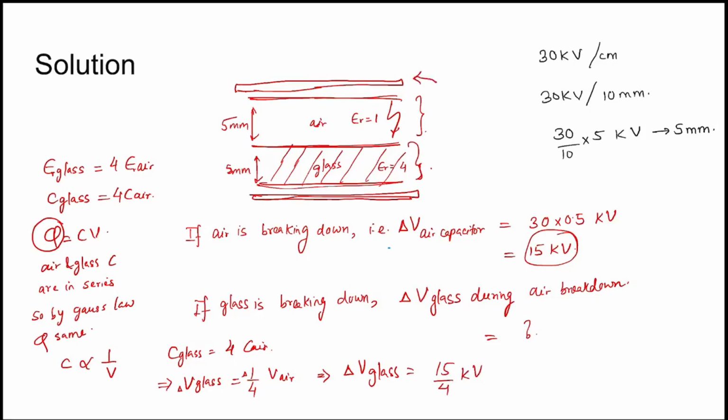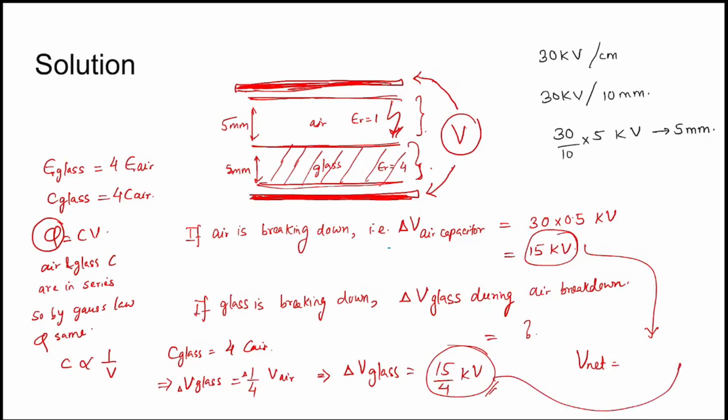Now why are we doing this? Because we actually want to find the maximum potential that can be applied across these capacitor plates. These are the plates and these are the dielectric slabs that are inserted. So air is breaking, and at that moment we found what the voltage of the glass is.